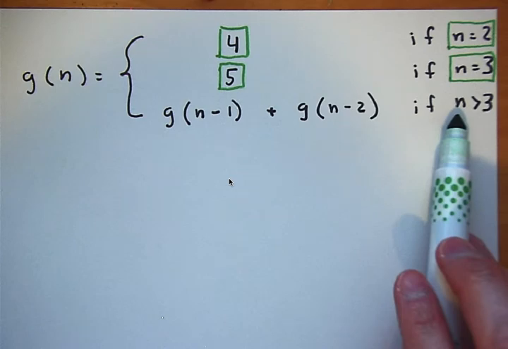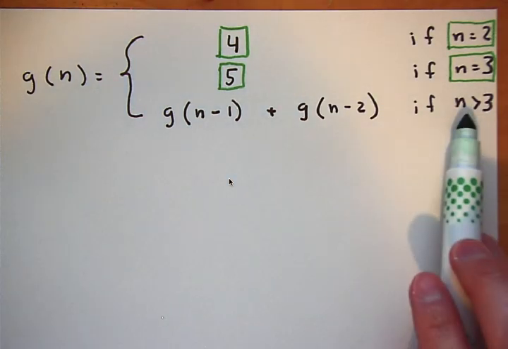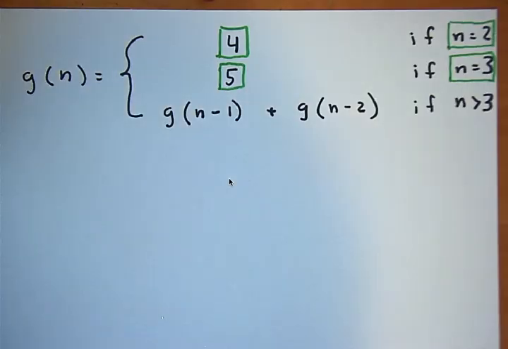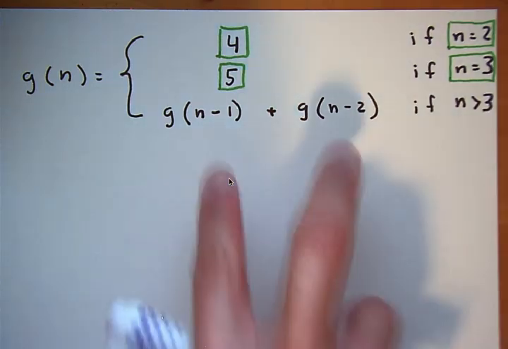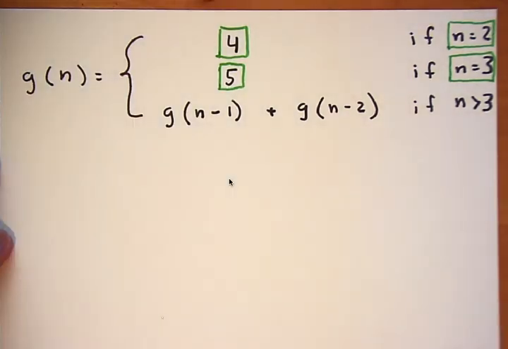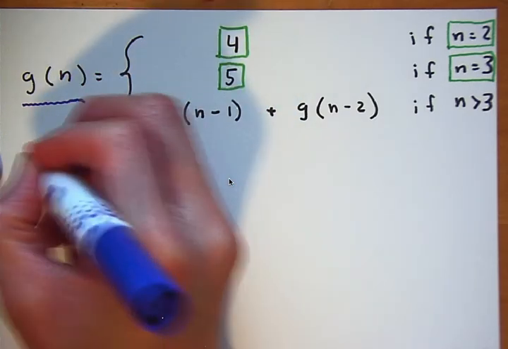And 4 is bigger than 3, so I have to use this line right here. All right, n equals 4. So now I'm looking for this one. Now this looks slightly different than what you've seen before, but it follows the same sort of pattern. So this right here, just to remind us, is your y value.